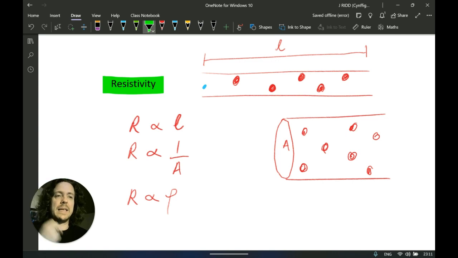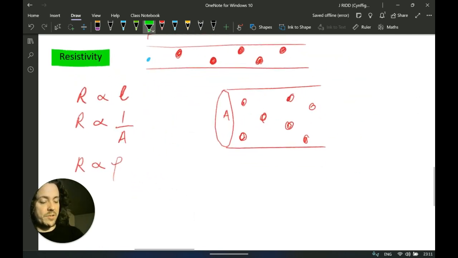And that is an innate property of that material. And it's got a symbol, rho, which I haven't done brilliantly, but it's not bad. It's as good as my lambda from the other day. I mean, that was quite an event, I think you'll agree. But yes, resistance is proportional to resistivity, an innate property of that material.